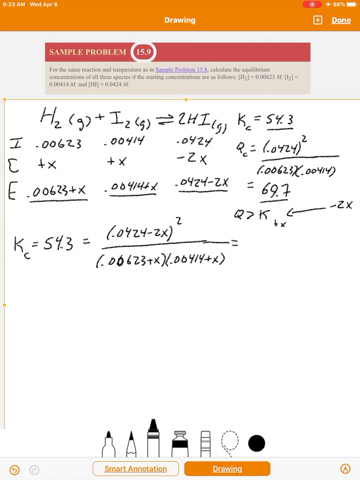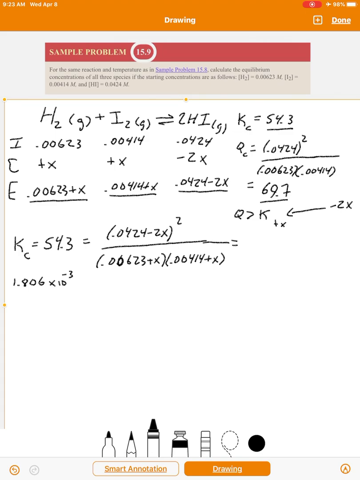So the first step, or a first step, would be to expand the numerator. Take 0.0424 minus 2x and then square that. And so the way you do that is you take the first term, which is 0.0424, and you square it. And that gives you, I'm going to put over here, I'll put the 54.3 on the right and then make a lot of space over here on the left. So 0.0424 squared is 1.806 times 10 to the minus 3.